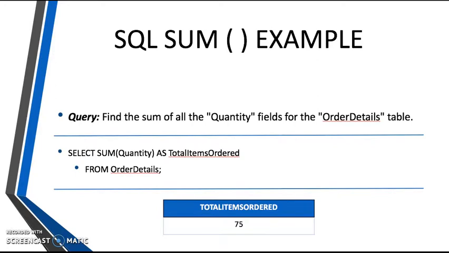SQL sum has a query that reads, find the sum of all the quantity fields for the order details table. The code executed is select sum(quantity) as total items ordered from order details. The output displays a sum of 75 total items ordered right here.